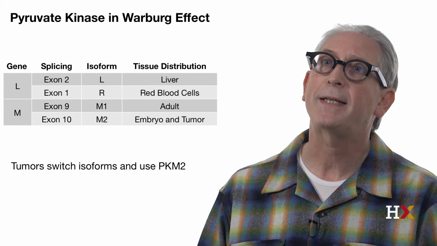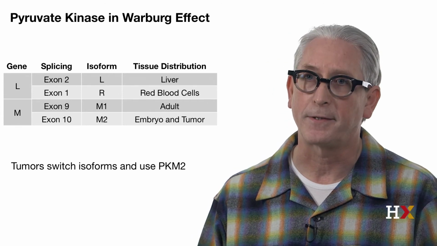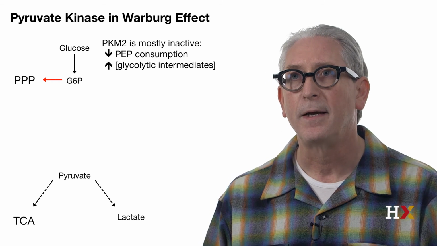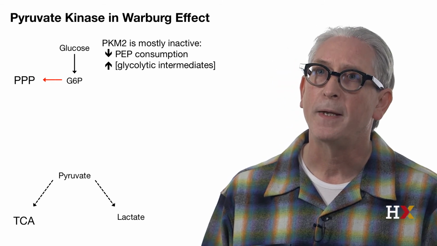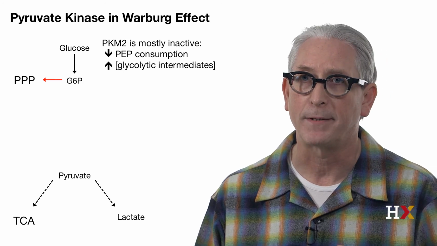So how does pyruvate kinase M2 contribute to the metabolic reprogramming of cancer cells? In fact, in cancer cells, the pyruvate kinase M2 is mostly present in an inactive form within the cytoplasm.